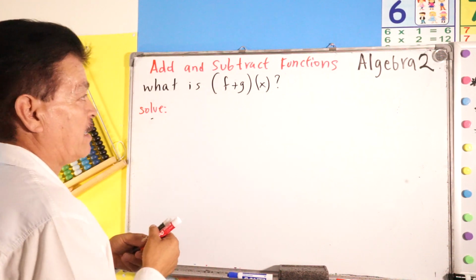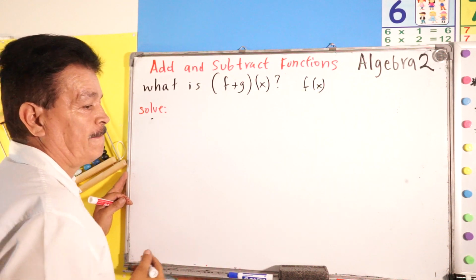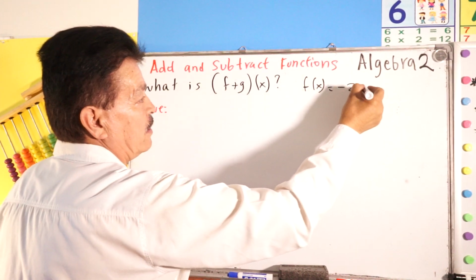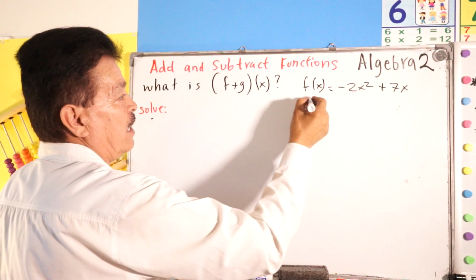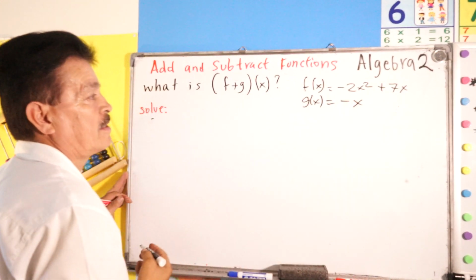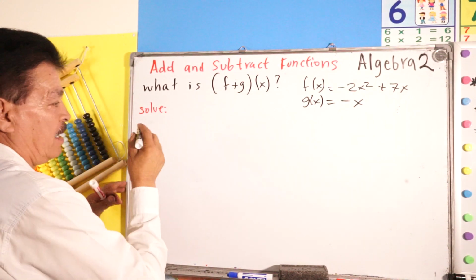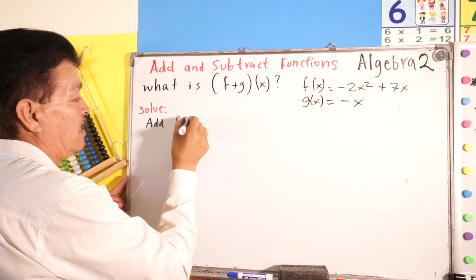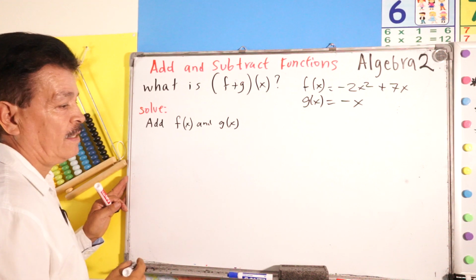Let me write here f of x, let's write negative 2x to the second power plus 7x, and then g of x equals negative x. Okay, that's it. Let's do, in this case, add f of x and g of x, right?